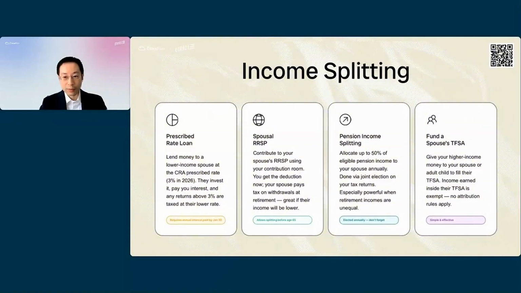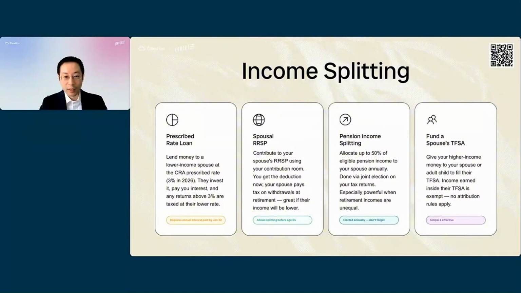But another thing to keep in mind is that by increasing your spouse's income, if they were in the lower tax bracket and had an age amount, for example, that requires them to have annual income less than 45,000, and you as the taxpayer do the pension splitting and end up making their income more than that, there is a possibility that they will lose some of the credits that the CRA is providing them. So just be mindful of that.